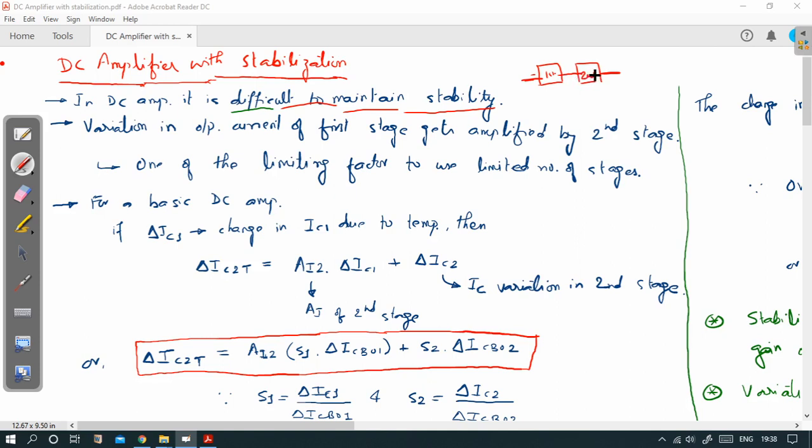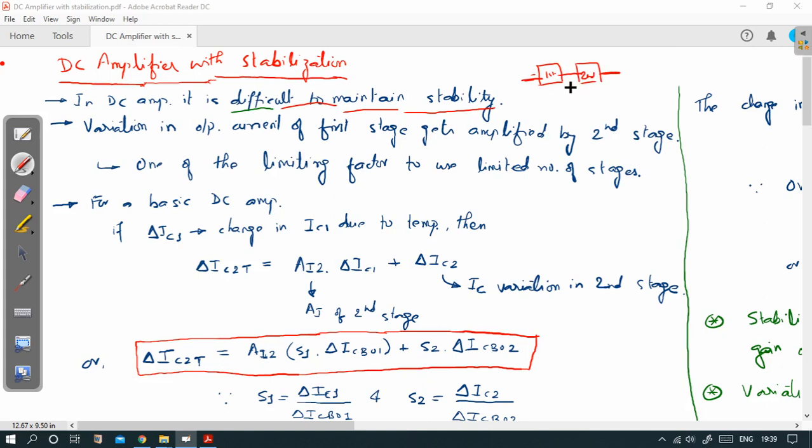So the second stage amplifier will amplify the signal coming from the output of first stage. Also it will amplify any drift or any noise that's coming from the first stage output. It will not differentiate between the signals and the noise. It will just amplify that particular thing, and hence whatever problem was fed from the first stage gets even more amplified by the second stage.